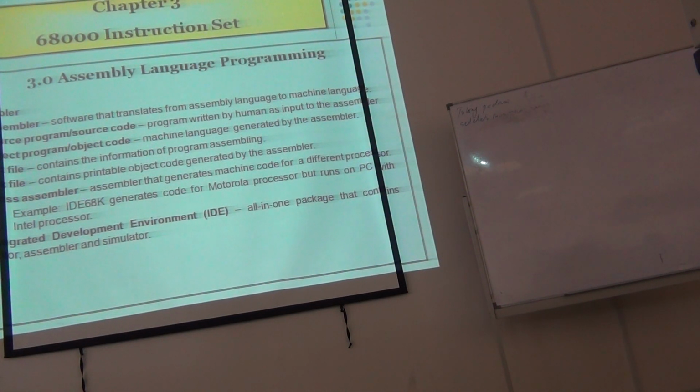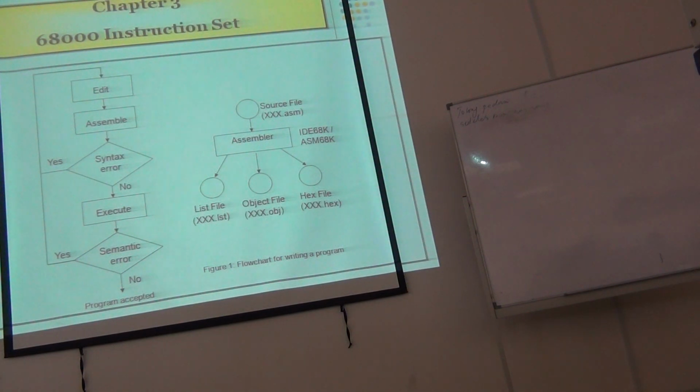Because the machine cannot understand us. They understand machine code only. And we do not understand their code, but we can understand how to convert to the code. So that's the assembler. This is the process from last time.